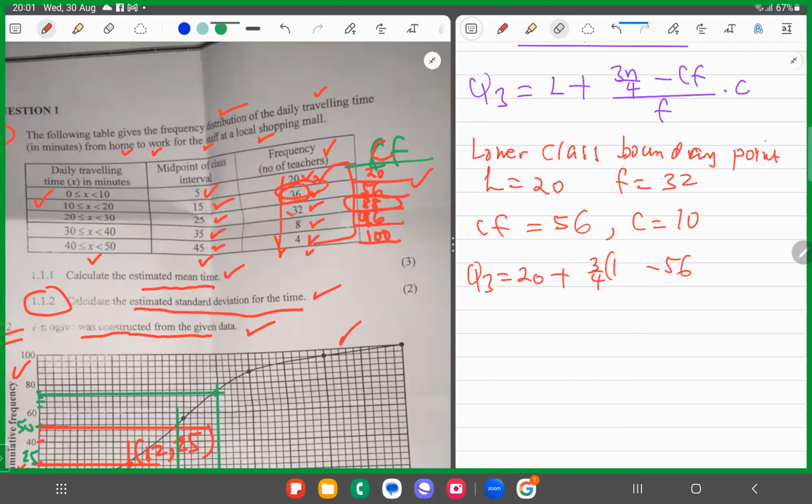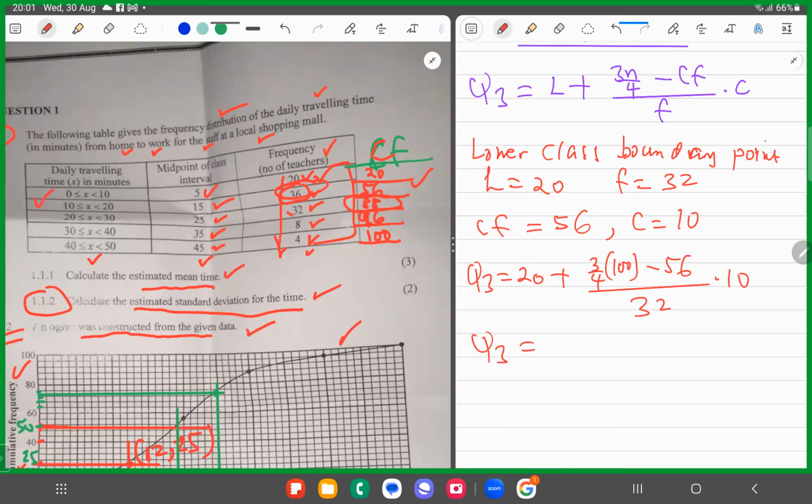Right, so it's 100 here minus 56 divided by what is the frequency here? I said it's 32. The class is of the width 10.